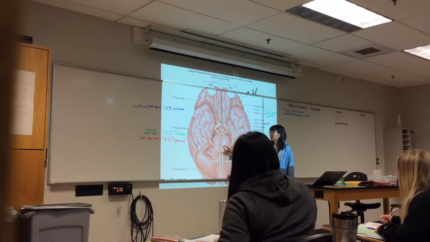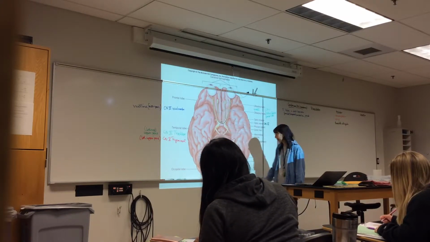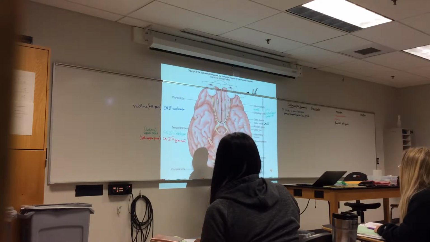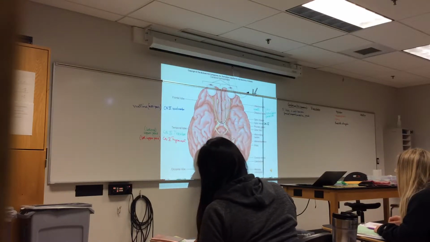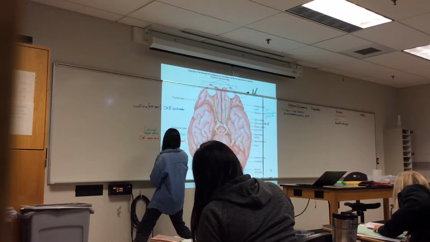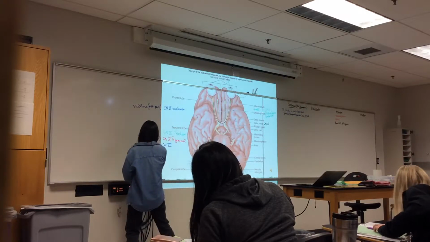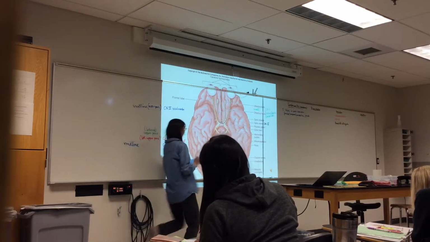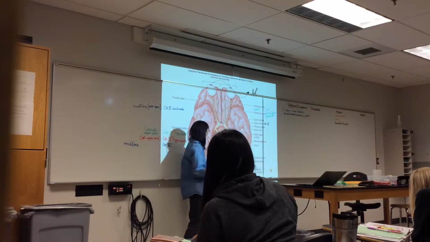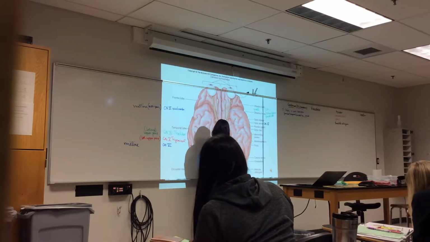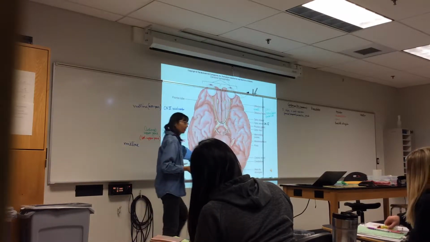Go back to midline. That's how I remember it. This is now 6. CN6. And this is midline. Right? You guys understand when I say midline? But now we're lower pons, right?